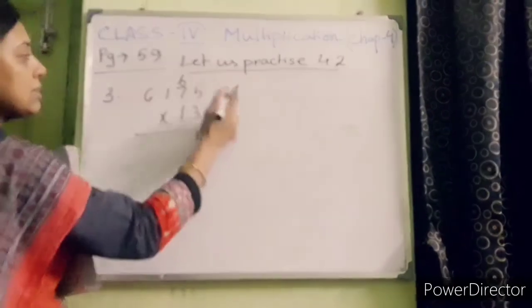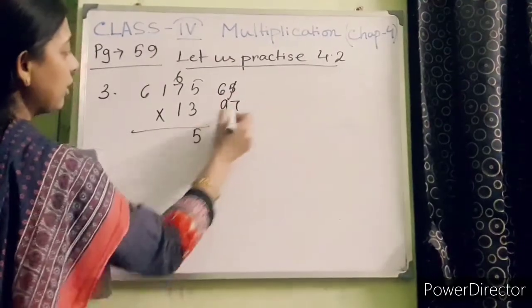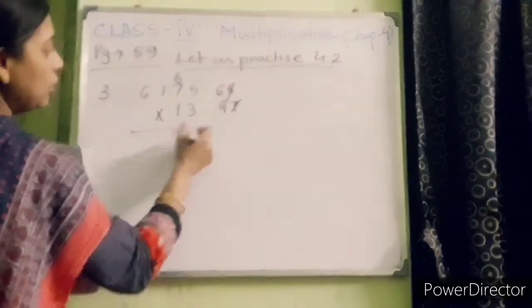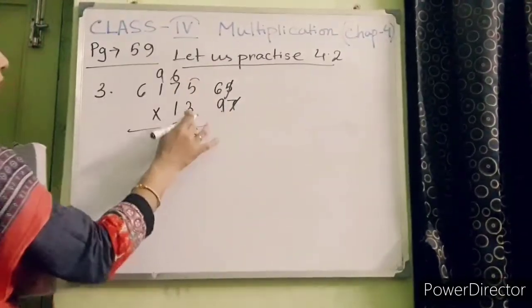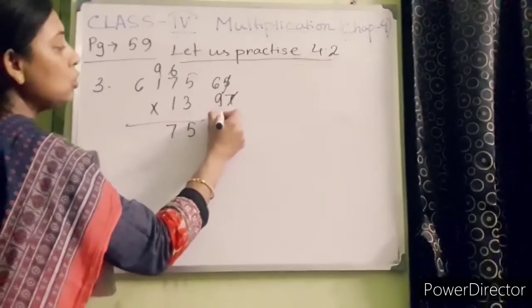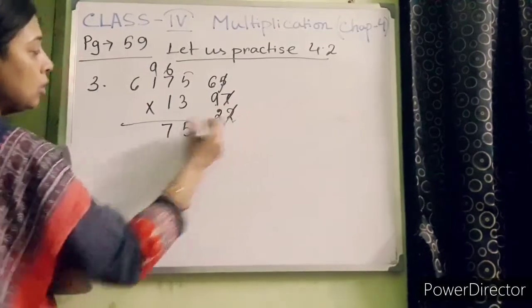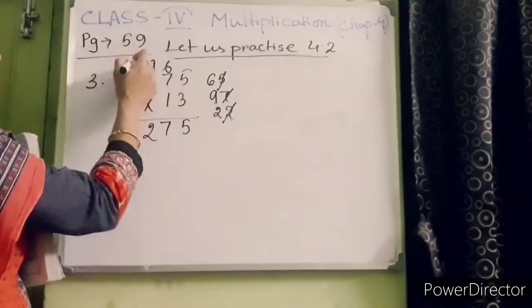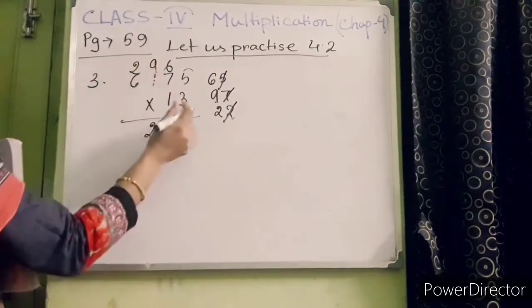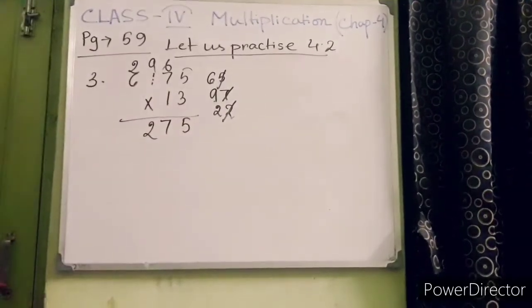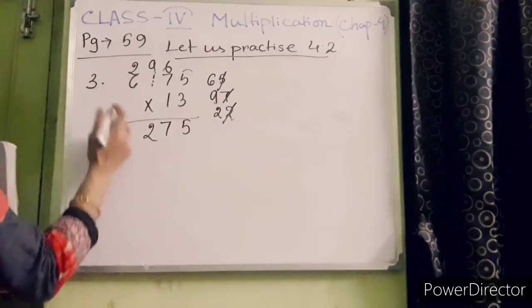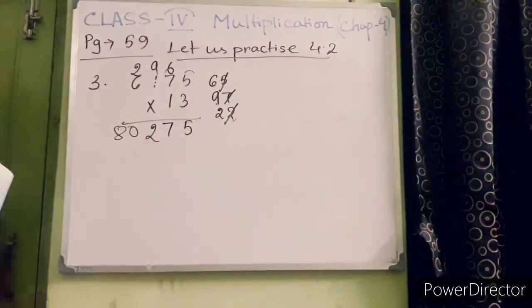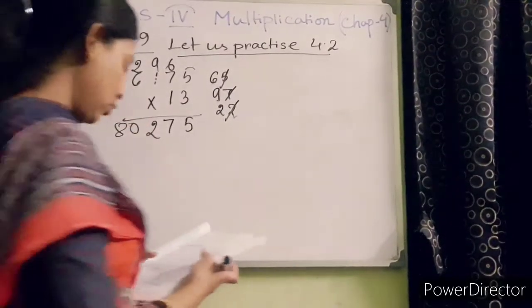So 91 plus 6, 97. Cut 7 and write 9 here. 13 into 1, 13. 13 plus 9, 22. Cut 2 and write here and put 2 on 6. 13 into 6, 78. 78 plus 2, 80. Clear? Another one I am doing for you.